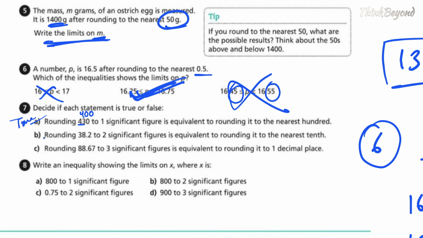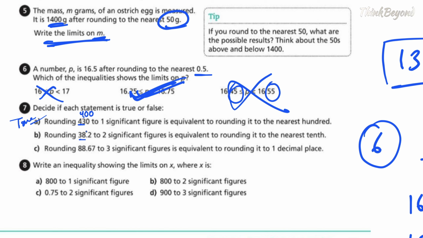Now come to question B. Rounding 38.2 to 2 significant figures is equivalent to rounding it to the nearest 10. Okay, let's check it. The first two significant figures are 3 and 8.